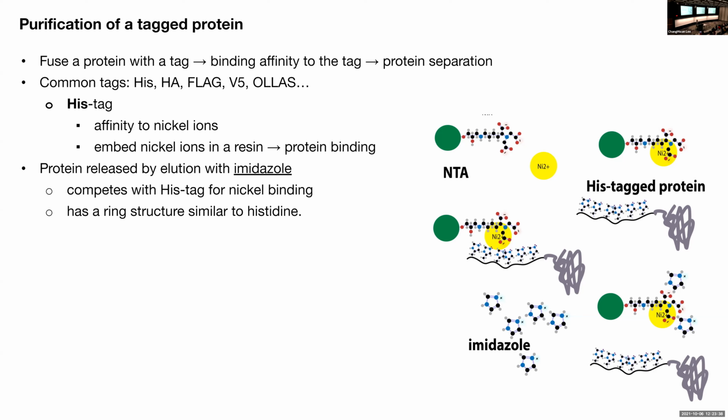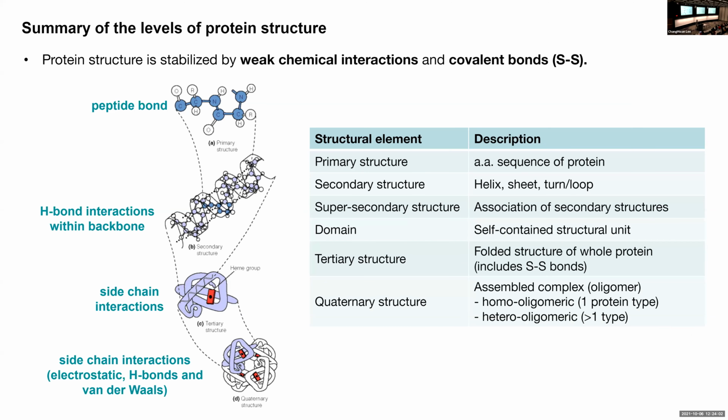And then you can elute it with elution reagents like imidazole in this case, which competes with the histidine because it shares the same structure at the side chain. Once you elute it, you can just use those proteins for further assays or any experiments. Is it clear? All right.